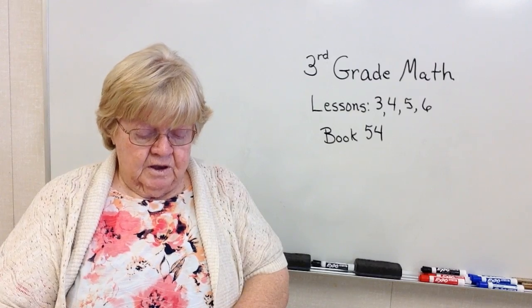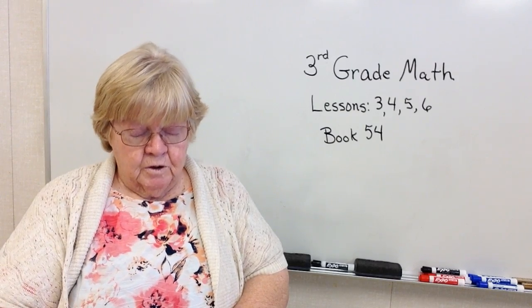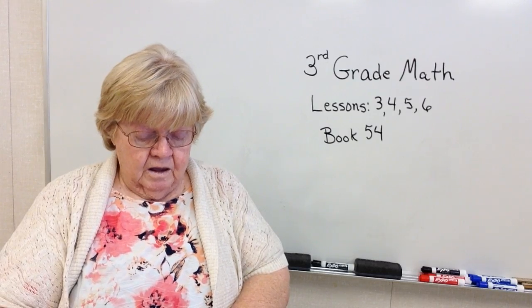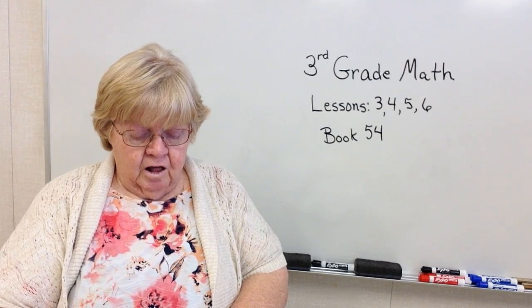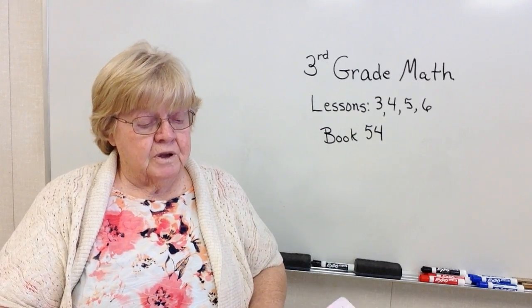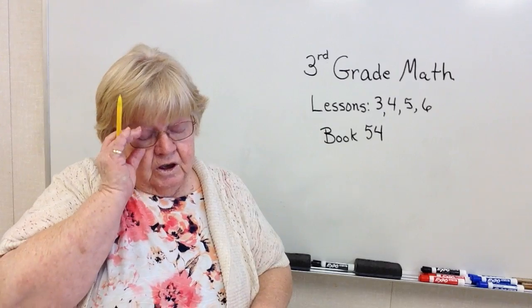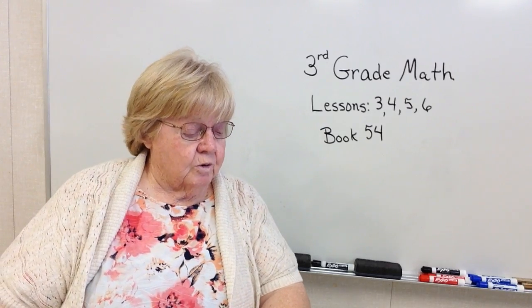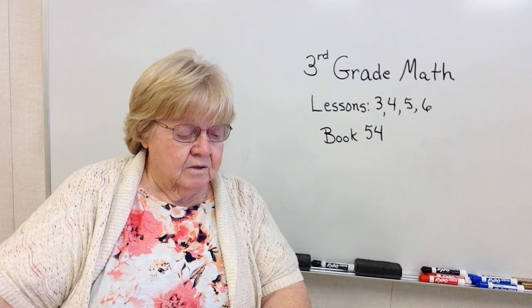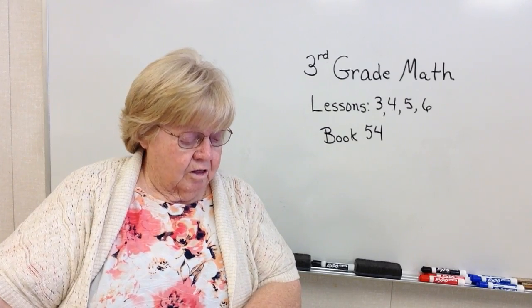Example number 2 says use money manipulatives or draw a design to show how to write $324 with $100 bills, $10 bills, and $1 bills. If you turn the page, you can see the picture. They drew 3 $100 bills, 2 $10 bills, and 4 $1 bills.